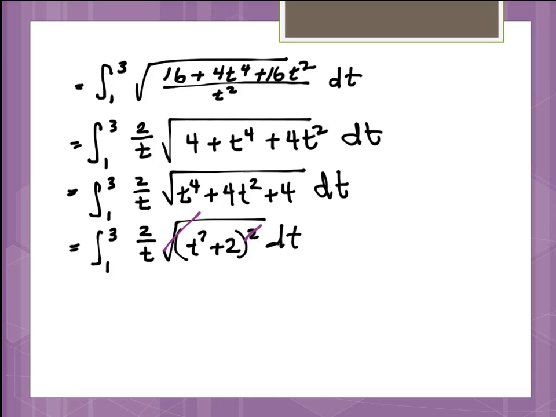These are going to simplify, and then we can distribute that 2 over t back through. So this is actually 2t plus 4 over t. Is that right? I think so.